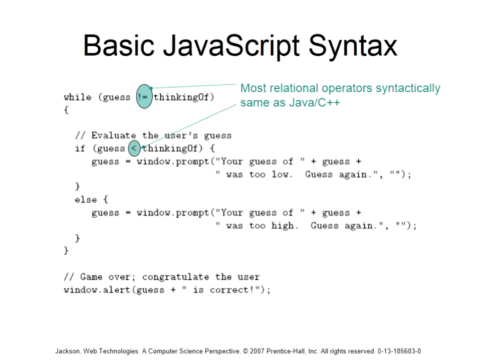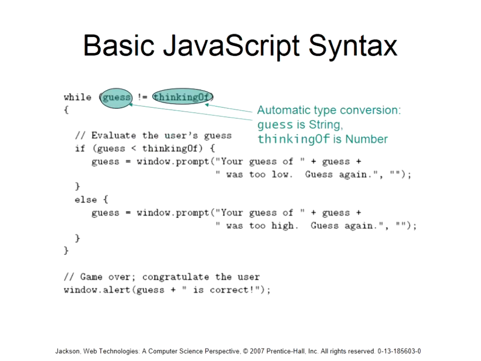So most relational operators are syntactically the same as Java and C++. For example, we can use this operator that means different, while guess different thinking of, or less, or more than, etc. Here thinking of is a number and guess is a string.